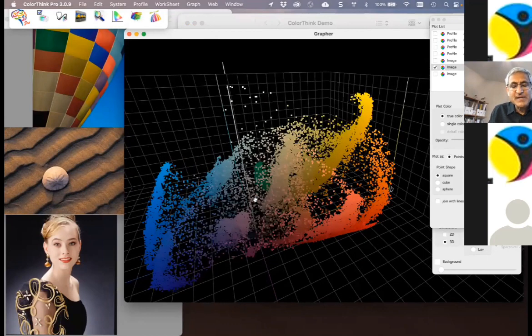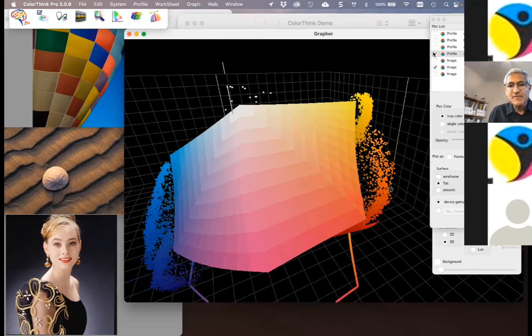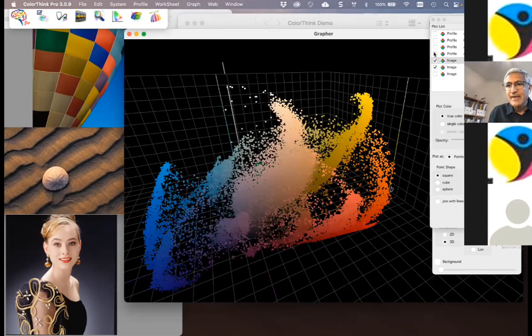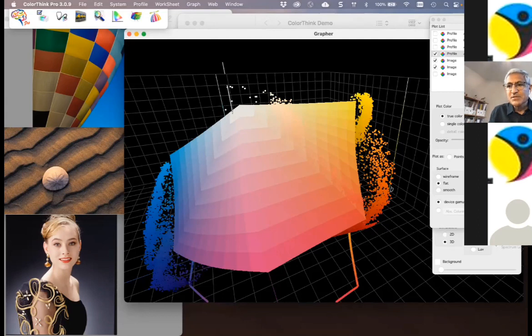Really you can't tell the customer that they can only choose one type of image, but we have to contend with that. And if we look at the gamut of this coated 5, some of the colors in the balloon image are out of gamut. But if we only wanted to print the sand image, then that gamut is possibly going to be okay.